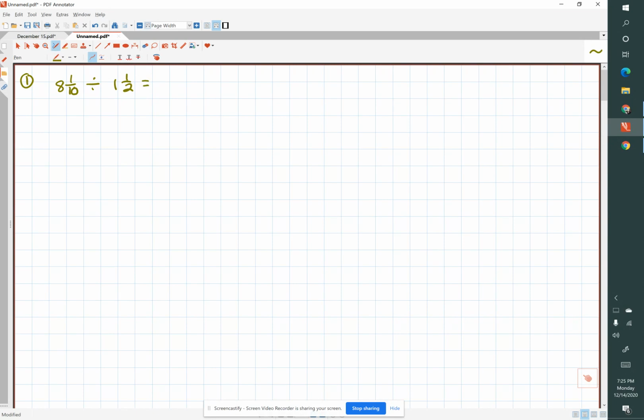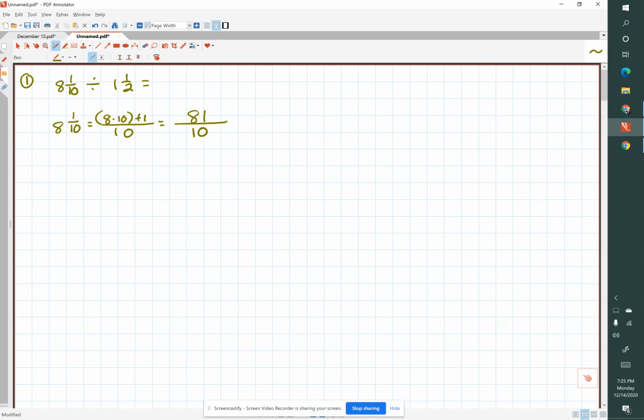All right, we're going to convert these to improper fractions. Eight times 10 plus 1. 8 times 10 is 80, plus 1 is 81 tenths.